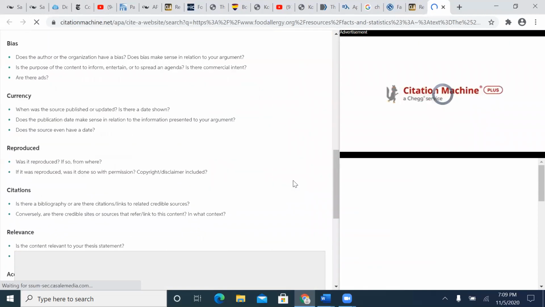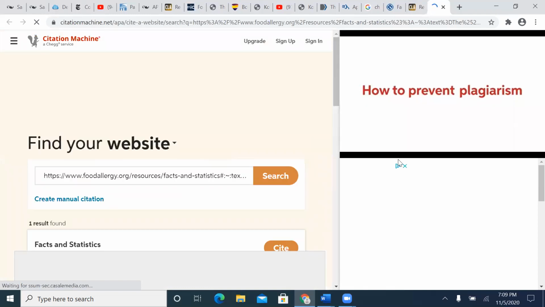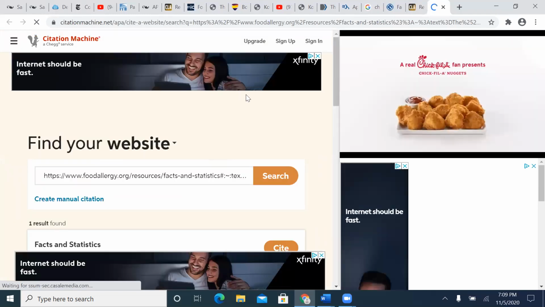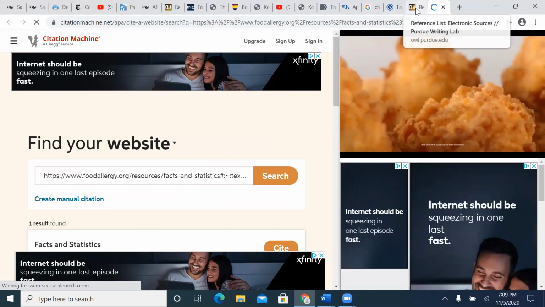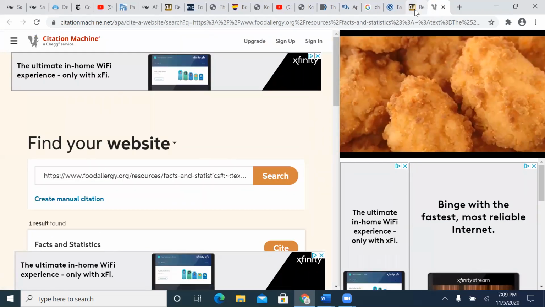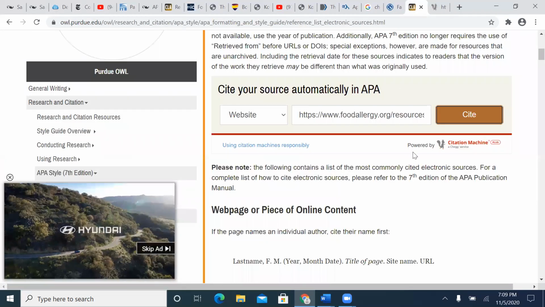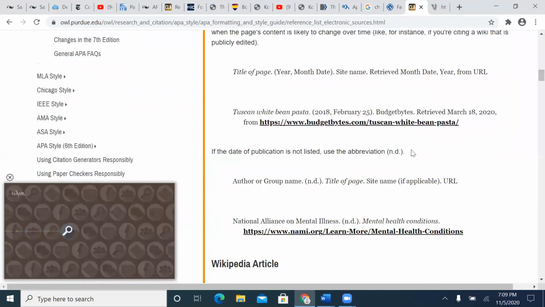Okay, so it's talking about credibility, citations, and find your website. So again, it didn't really give me what I was looking for. So I'm just going to go back and format it using my sources and using the example.